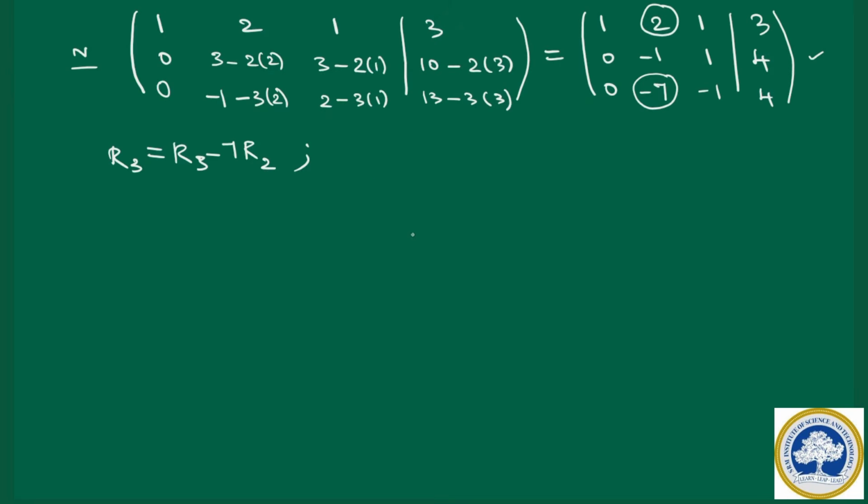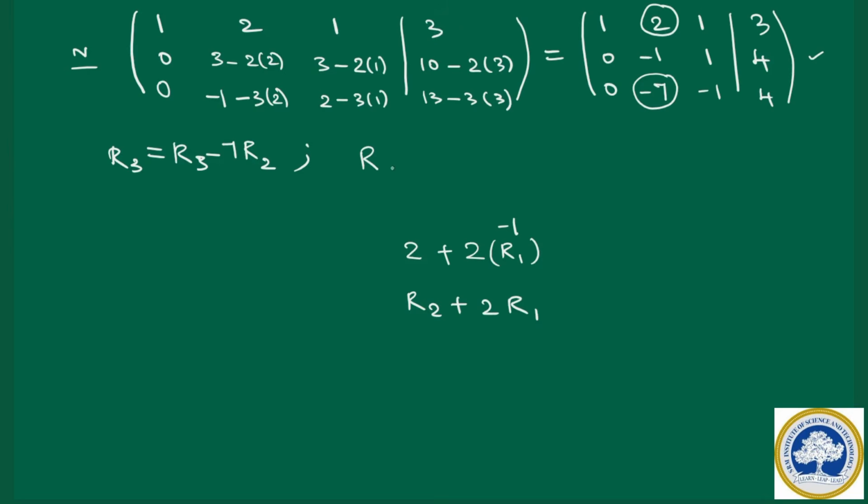Similarly, now for this element 2 in R1 we have to convert it as 0. So 2 minus, already minus 1 is here now. So what we can do, directly 2 minus 2 will give you 0. So into R1 means R1 is minus 1 here. So here we have to take it as plus. So this is R2 plus 2 R1 will give you 0 here.